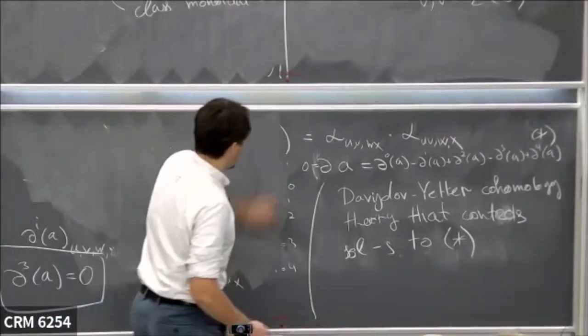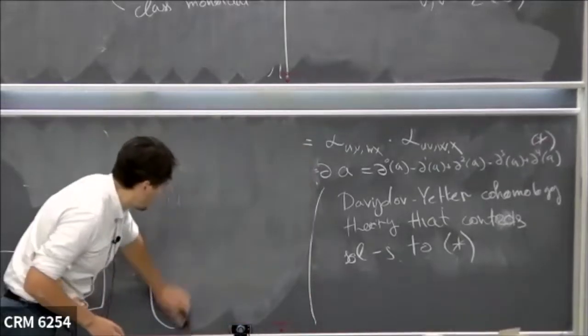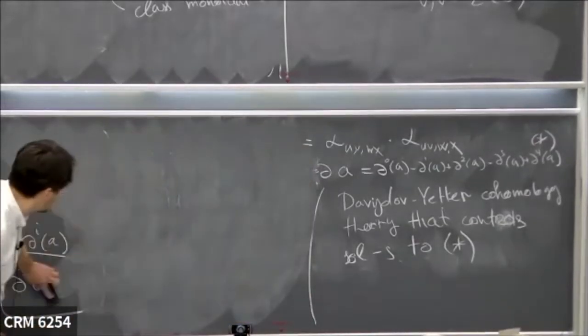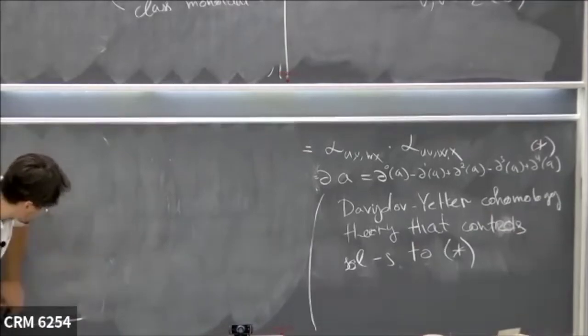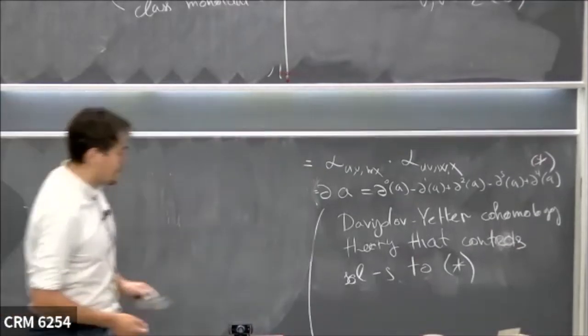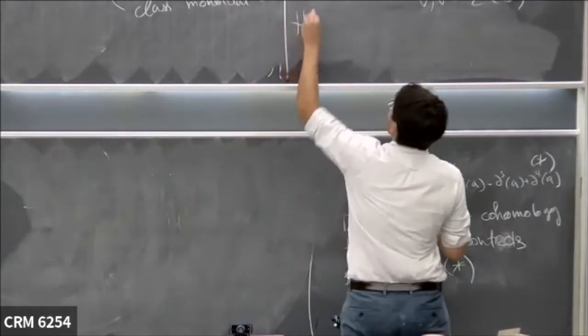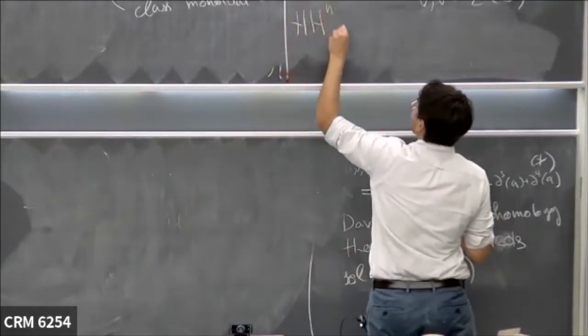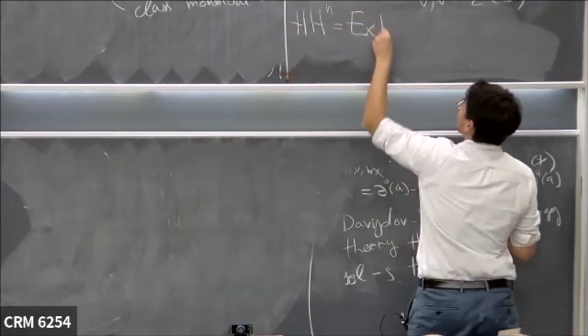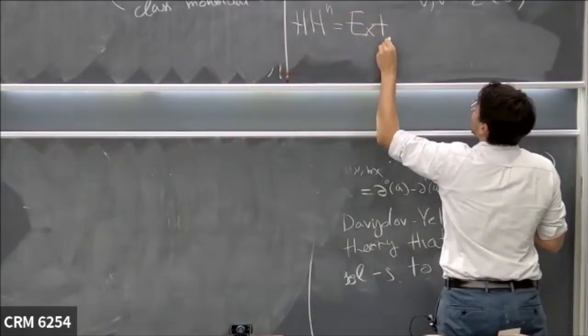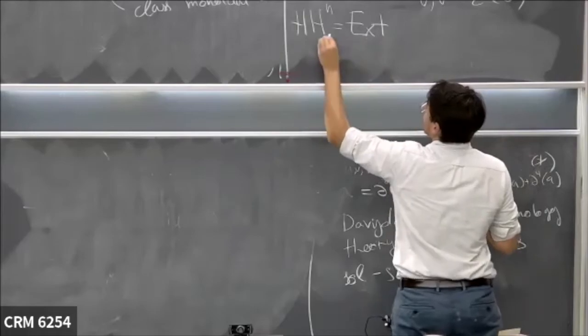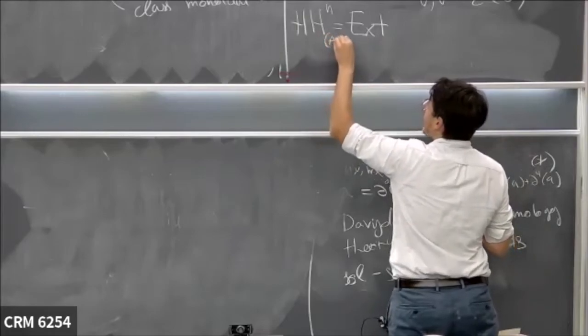Going back to Hochschild, the analogy with Hochschild cohomologies is quite useful, because when you calculate HH^n(A, M), you know that it can be written as an extension group. There is an algebra A and some bimodule M, right?